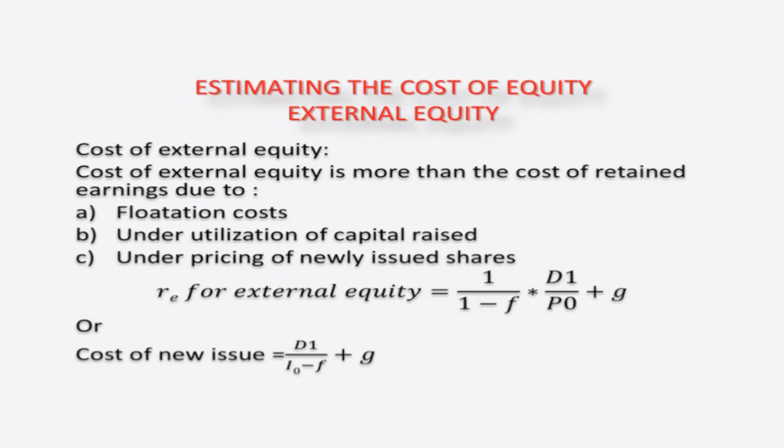For that purpose, the cost of retained equity is equal to 1 by (1 minus F) into D1 by P0 plus G. Here D1 is the dividend paid at time period 1, P0 is the share price at base year, G is the growth rate. Then cost of new equity is equal to D1 by (P0 minus F) plus G. F indicates the flotation cost. While issuing the shares, sometimes we incur certain expenses like legal charges and brokerage or commission.